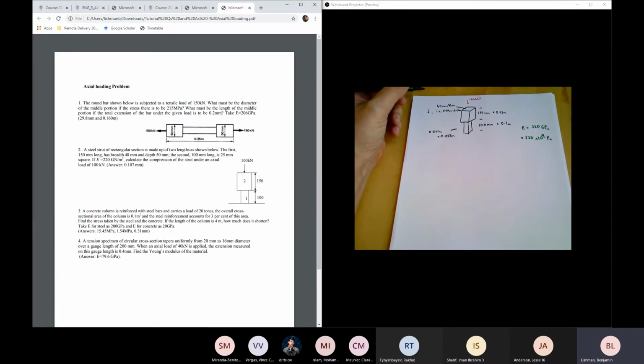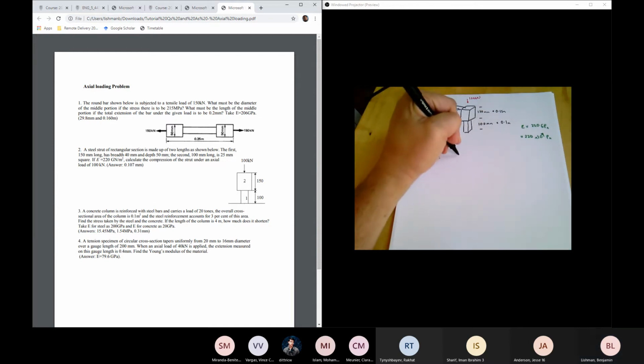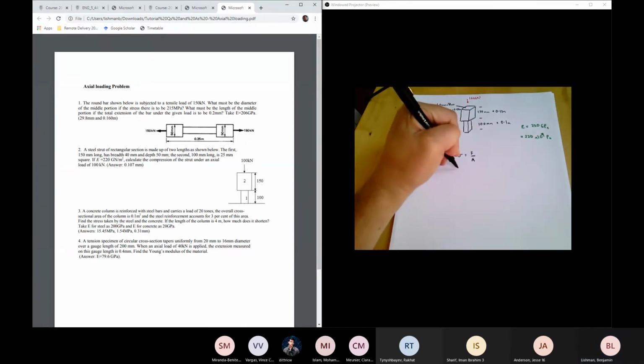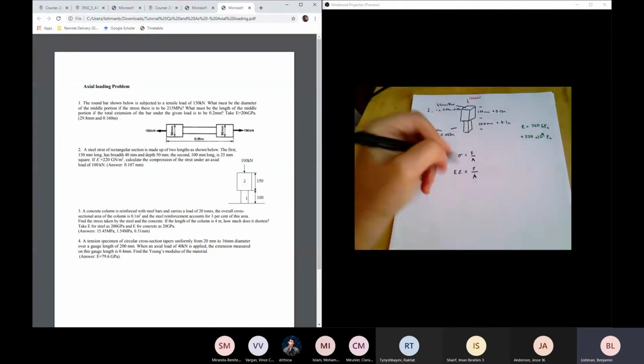So in this question, we've got all the dimensions, and it wants to know the compression of the strut. So we can actually just do this in 2 parts. First of all, let's look at the 150 millimeter section. The stress, I guess we can start from, is force over area. Stress is Young's modulus times strain, so that must be force over area.